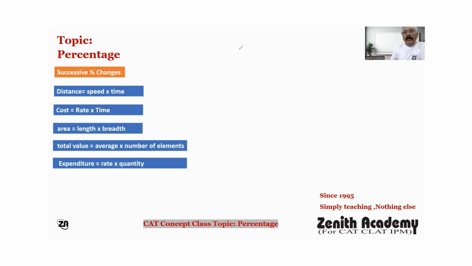So now this formula x plus y plus x into y by 100 is for getting net percentage change.